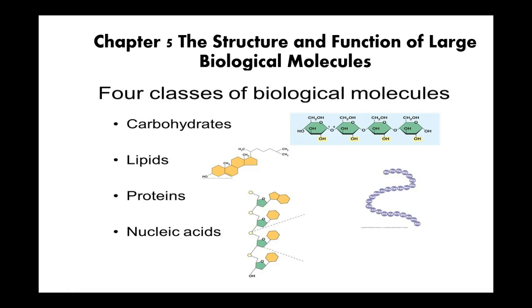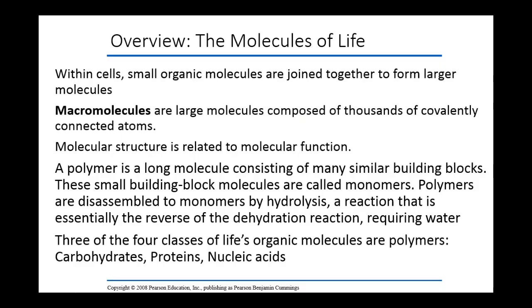All four of these can be reduced to their simplest form, strung together, multiples of the same thing, and based on the arrangement of those multiples, you have a wide range of things that exist in our natural world.